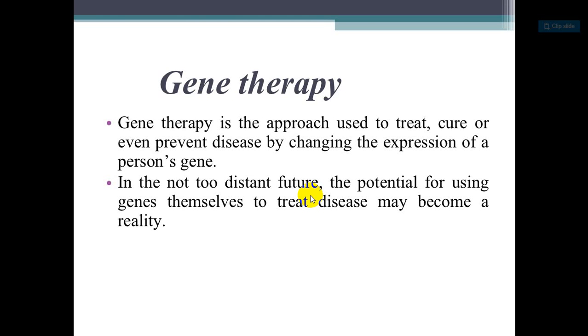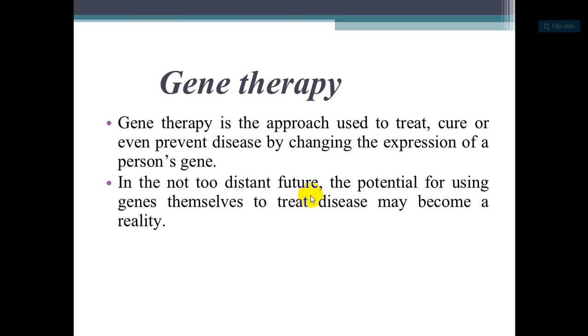1, 2 or 3 nucleotides are additionally added. So in gene therapy we study that specific gene which is causing the problem in the person's genome, and then we remove that. It is a type of therapy where you can add, remove, and suppress a gene as well.